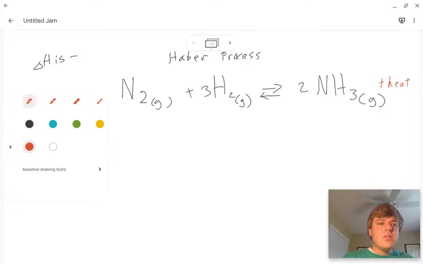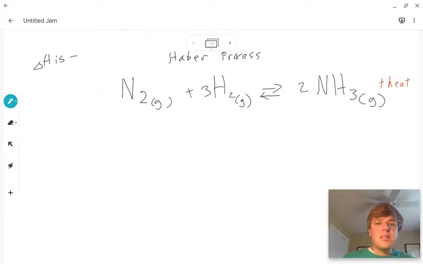Now, the reason this reaction is important is because ammonia, NH3, is used as a nitrogen-based fertilizer. And you need that in order to help grow crops and have very productive agriculture. You need nitrogen. It's typically the limiting nutrient for plants.